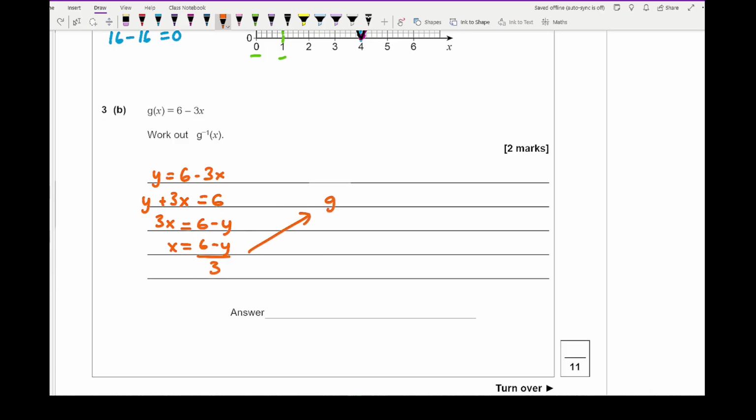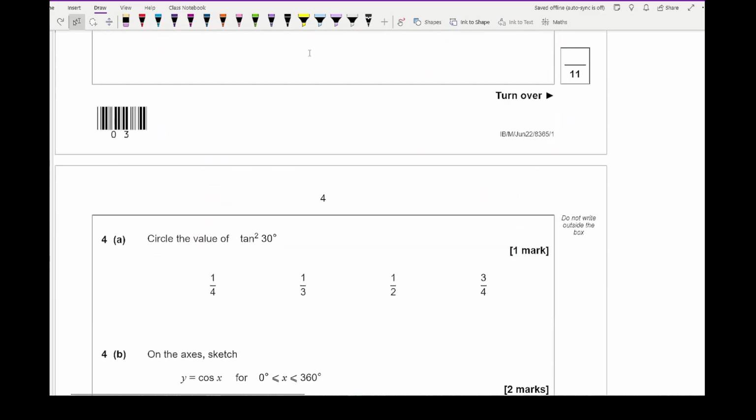So that gives me an answer of g inverse of x is going to be 6 minus x over 3, or I could write it as 2 minus x over 3. So any of those two ways would be absolutely fine.